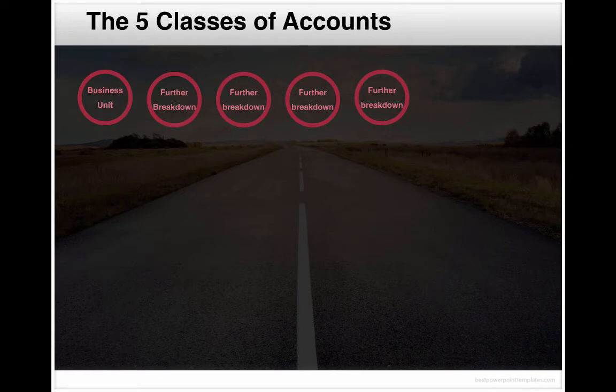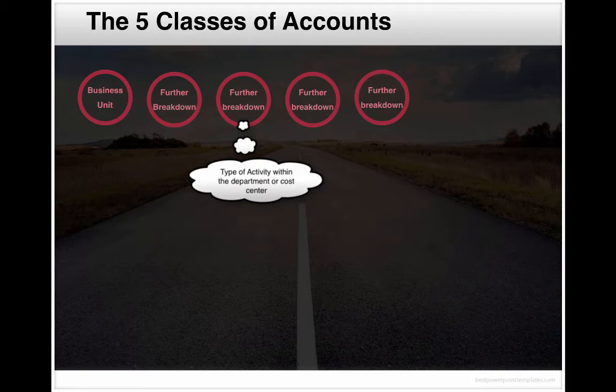So say, for example, within one responsibility center, we want to track the type of activity to which that accounting transaction would be best described. So it could be a marketing activity, or it could be the sale of a particular line of business, like selling electronics versus selling laptop sleeves, as an example.